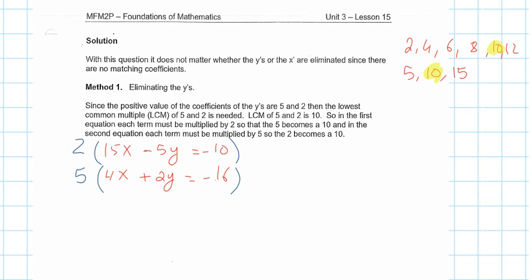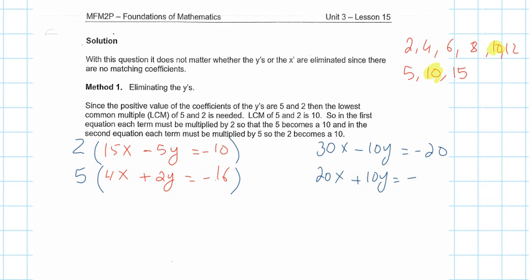So let's see what happens if I do that. This becomes 30x minus 10y equals negative 20. You see I multiplied that 2 by every single term inside that equation. And if I multiply the bottom by 5, that's going to be 20x plus 10y equals negative, what is it, 16 times 5.